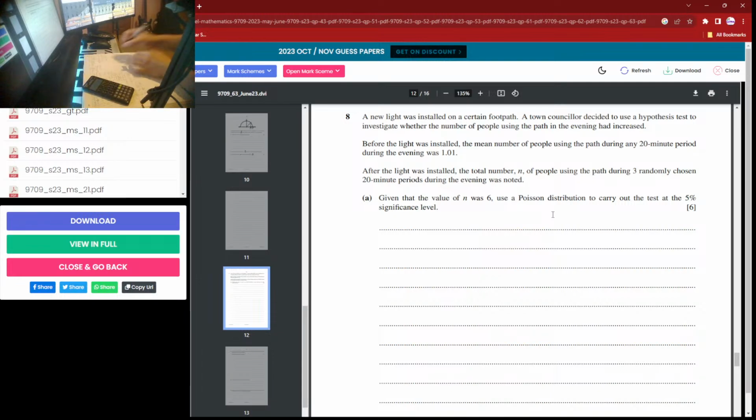So we would have to do 1.01 times 20. No, sorry, times 3. So we get 3.03. So our hypothesis for whether it's increased will be more than 3.03.